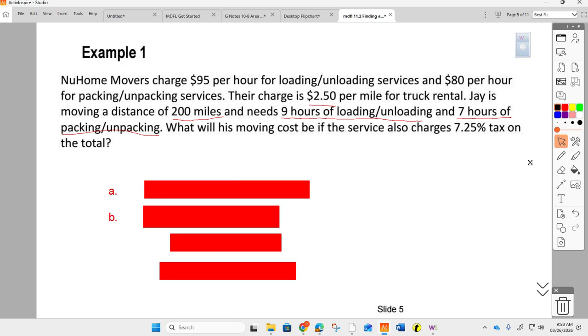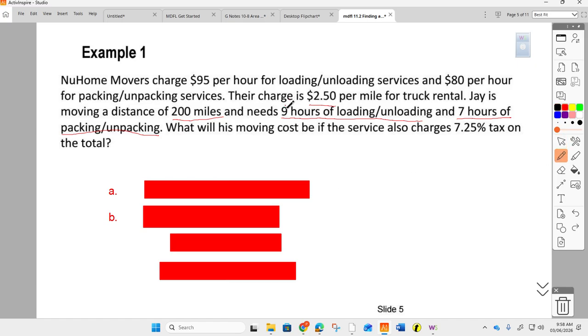We're just not going to have variables because we already know all the costs. So later on, we're going to write a very similar equation, but we won't know what it is per hour to load and unload. We won't know what it is per hour to pack or unpack, or we might not know what it is per hour or per mile for the truck rental, right? But for right now, we know all of these things.